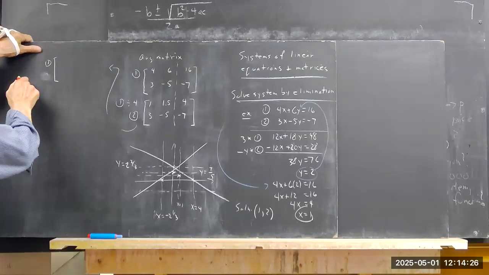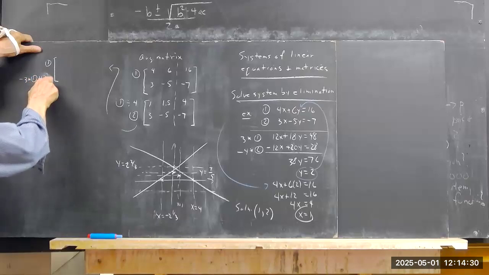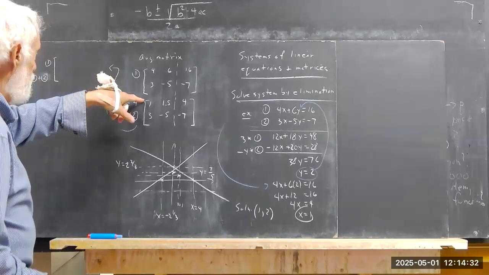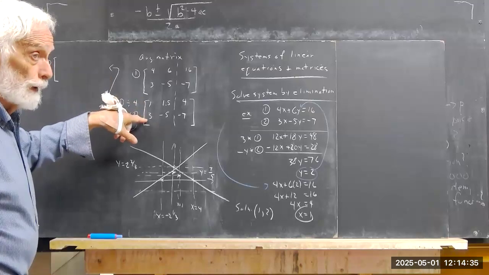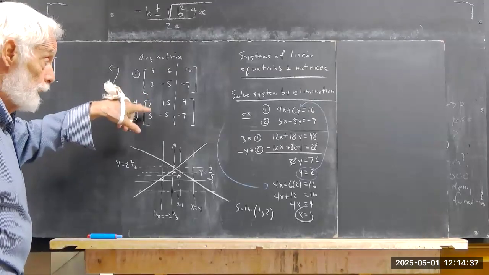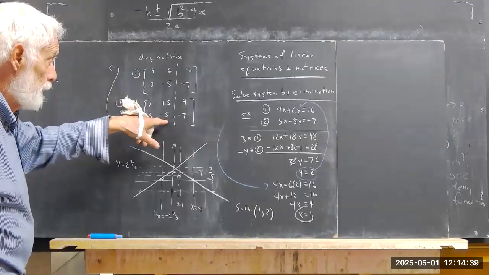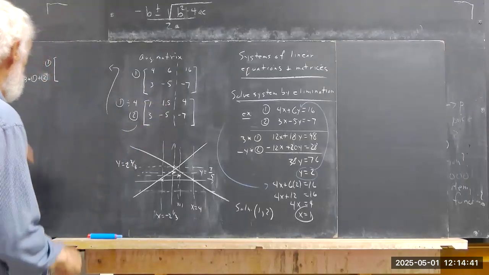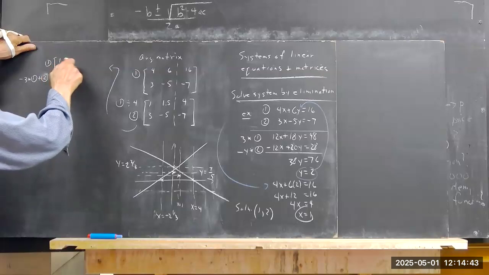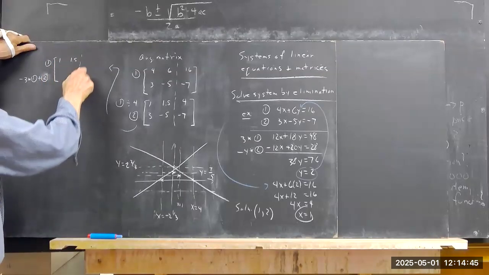Row 2: multiply row 1 by -3 and add to this, we're going to get 0. Remember, we want to get a 1 here, a 0 here, a 1 here, and then ultimately a 0 here. So we're going to have 1, 1.5, 4.